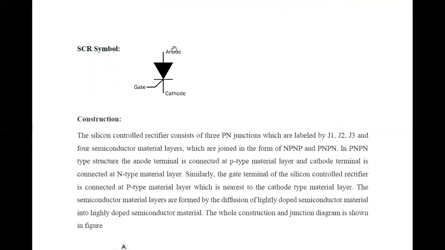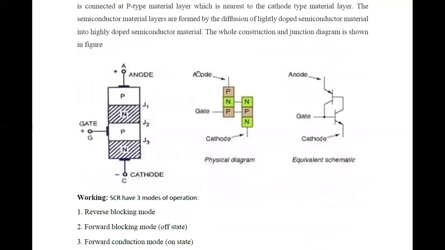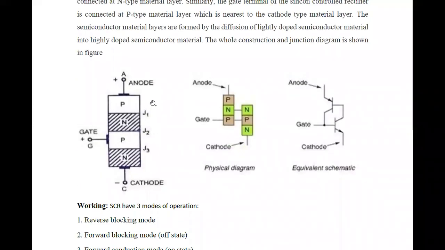Coming to the symbol, this is the symbol for SCR. It consists of 3 terminals: anode, cathode, and gate. And coming to the construction, this is the construction of SCR. It has 3 terminals: anode terminal, that is the positive terminal, cathode terminal, the negative terminal, and the gate terminal.